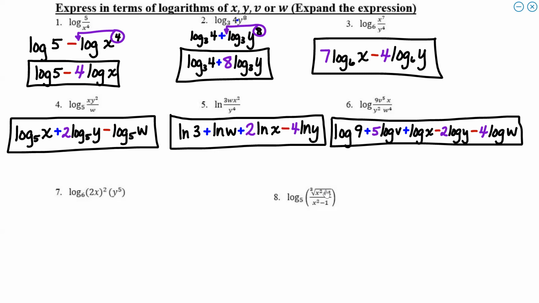I want to expand it. The 1/3 is going to go to the front. Okay, so let's write that down. 1/3 log base 5 of what? X squared plus 1. And then what?